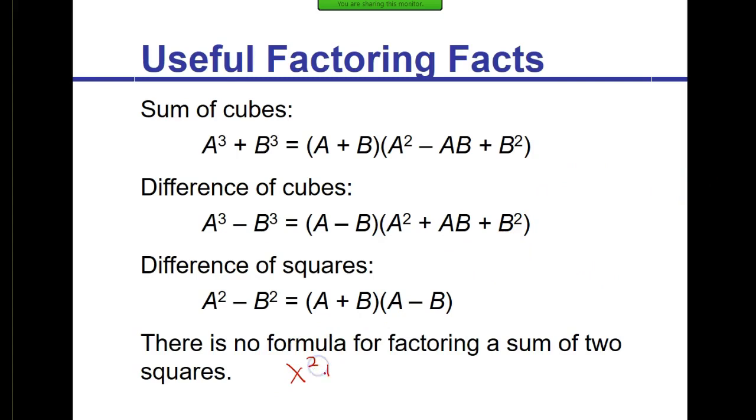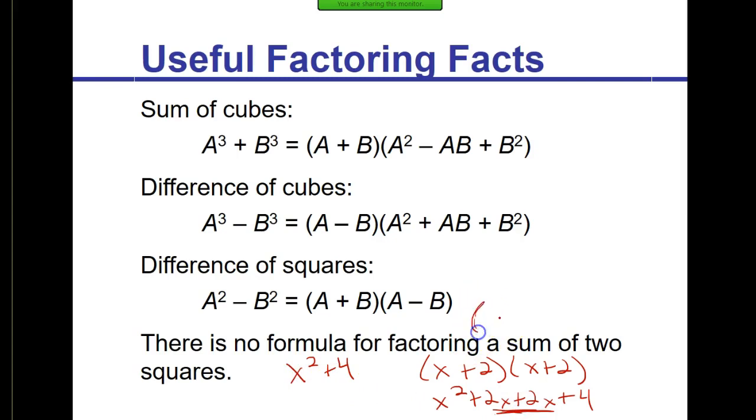So let's say I had x squared plus 4. A lot of times I get the answer x plus 2 times x plus 2. But if I multiply that out, I'll get x squared plus 2x plus 2x plus 4. I'm going to get 4x in the middle, but I don't want 4x. So let's try something else.